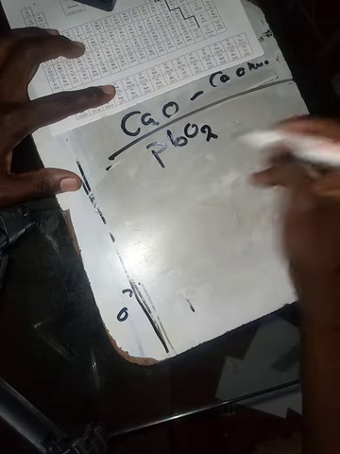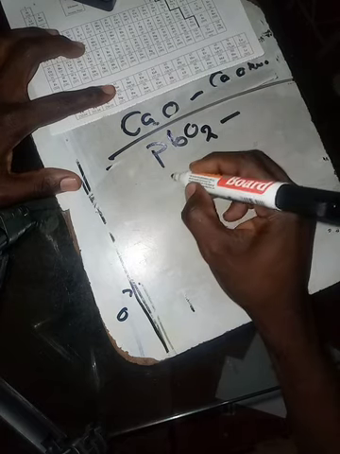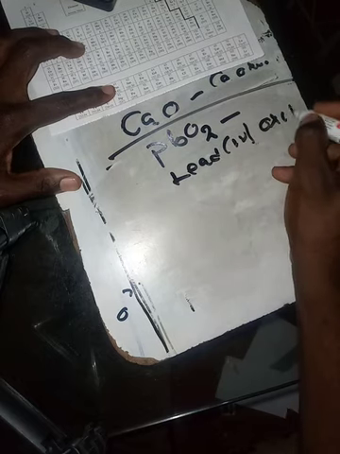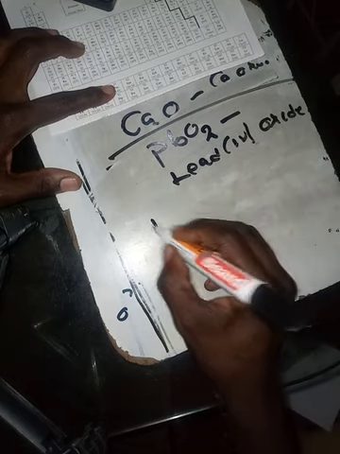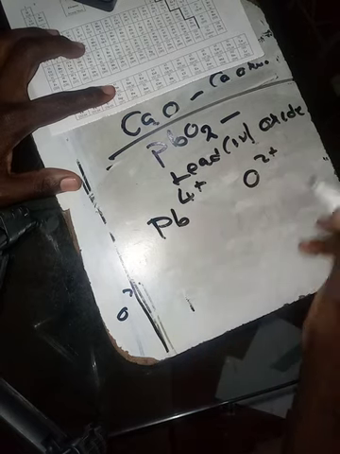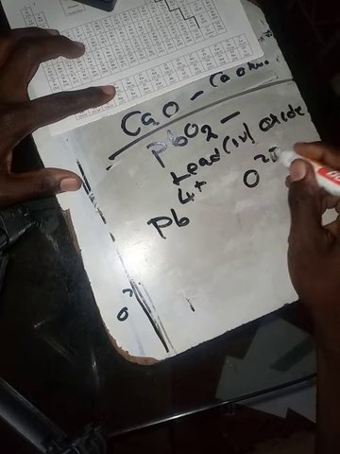PbO2: for me to write it as lead(IV) oxide, where is it coming from? Pb had 4 as positive, then oxygen had 2 as negative.